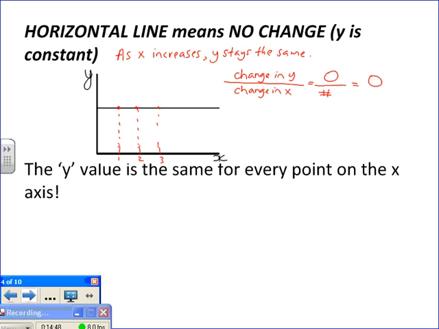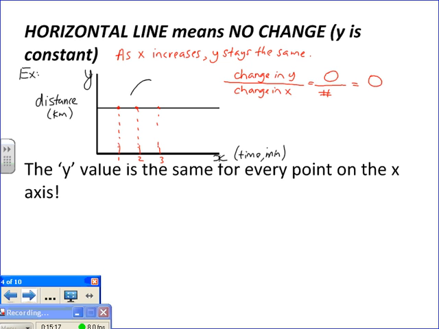Let me just put a quick example here for us. So let's say, for example, that on our y-axis we had distance in kilometers. And let's say on our x-axis we have time in minutes or hours, doesn't matter. What does this straight line tell me?